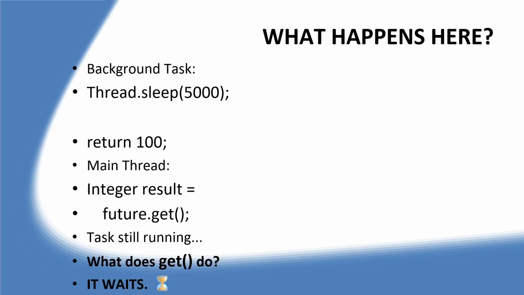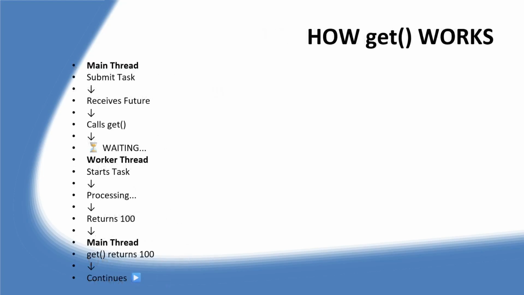Now we will see how get works. Let's visualize the flow. The main thread submits a task using Callable, by calling the submit method. The executor service gives the main thread a Future, and then a worker thread executes the task.